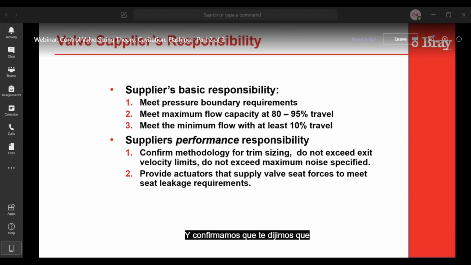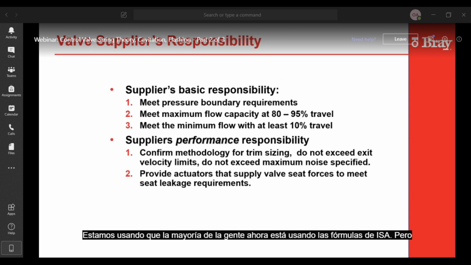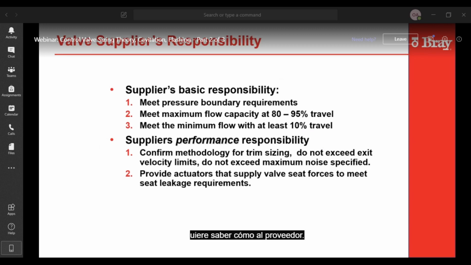And we tell you what sizing methodology we're using, which most people now are using the ISA formulas, but some people still use proprietary formulas. So you want to know how the vendor calculates all these CVs and cavitation potential. And then you get the right actuator that will shut the valve off tight if you require tight shutoff.